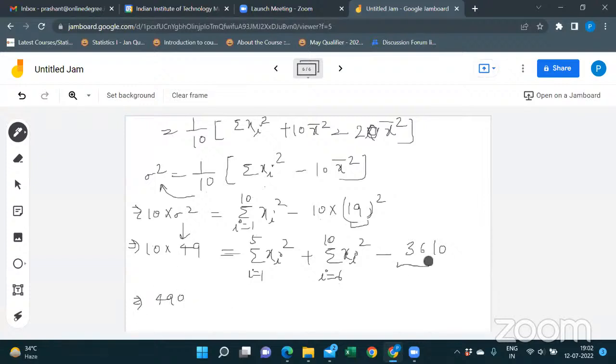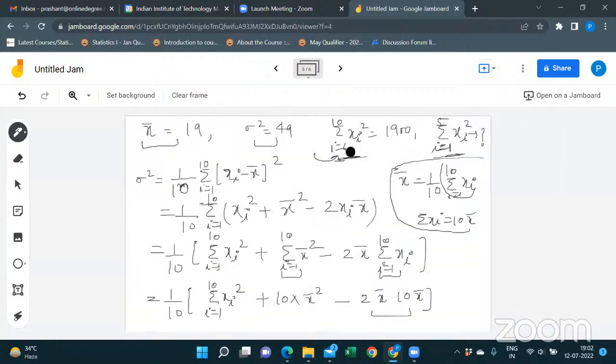Now we can take the value of summation 6 to 10 as 1900.